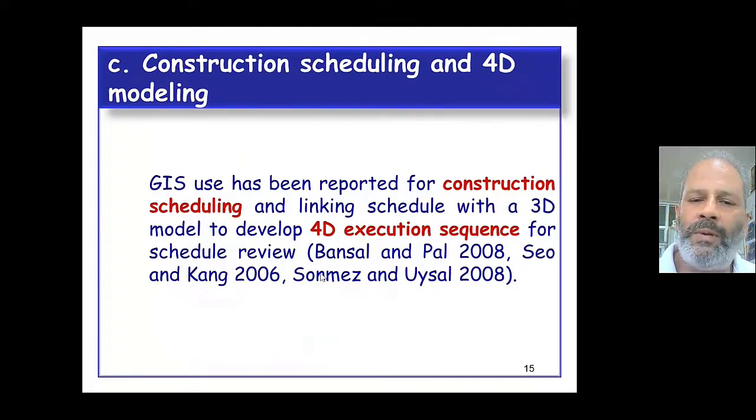Those 3D components may be developed in GIS, or they can also be imported into GIS from some modeling software. And those 3D models are linked with the corresponding activity in the schedule to develop a 4D execution sequence. And there are a lot of applications of this 4D modeling in construction.